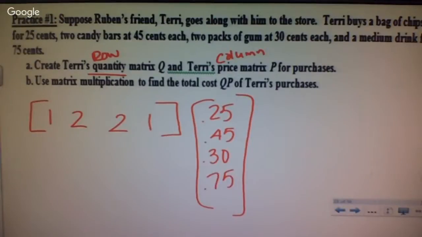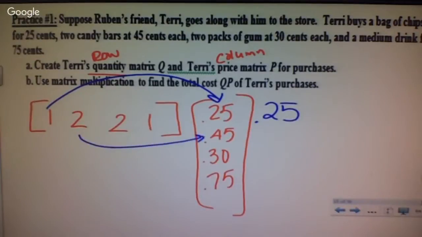So we need to multiply. We multiply 1 times 25. Well, that's 25 cents. We multiply 2 times 45, 90 cents. We multiply 2 times 30 cents.